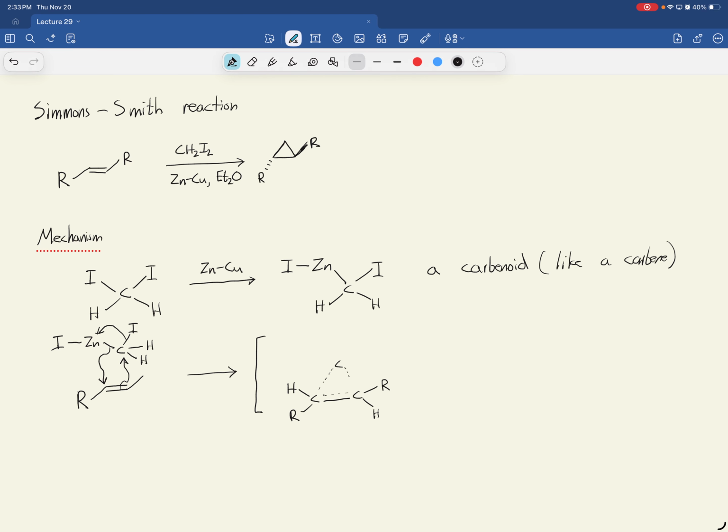So what happens here is you're forming bonds to this carbon of the carbenoid, and the zinc bond is breaking. And that bond is forming to iodine here that came off the carbon atom. Okay, so this is the transition state. So you don't have to reproduce this transition state, okay? You don't even have to reproduce this mechanism. You just have to know the end product. And what we get is our cyclopropane.